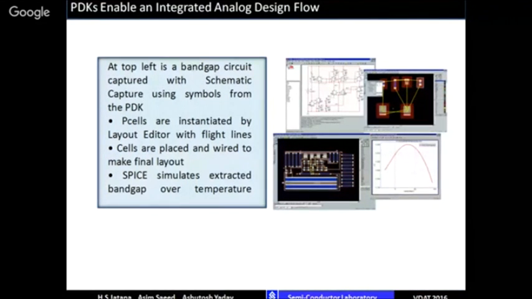You see, this is a bandgap circuit, a bandgap reference. It's a voltage reference. This is a schematic. So what the PDK will do is, this is a circuit, so you should be able to simulate this circuit. Now you have simulated and you have seen this reference, how much variation per temperature it is coming. And based on the PCells, now this is a transistor, this is a transistor, this is some resistor.